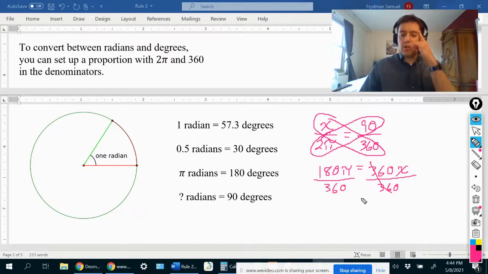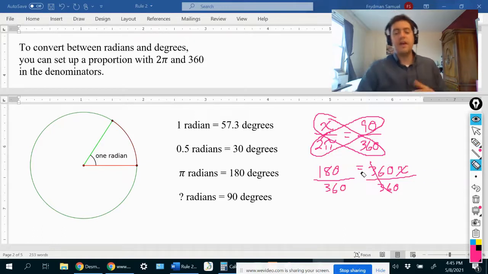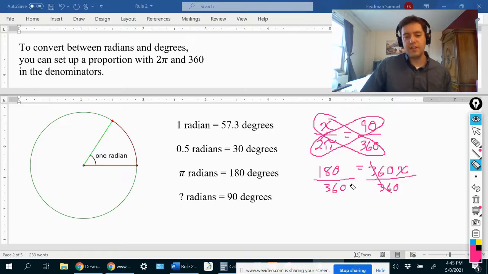Okay, now you could go to the calculator over here, but also you could just simplify this fraction. 180 over 360 is the same as a half, same as 1 over 2. I could divide the numerator by 180 and divide the denominator by 180. If I ignore the pi for a second, 180 divided by 180 is 1, and 360 divided by 180 is 2.